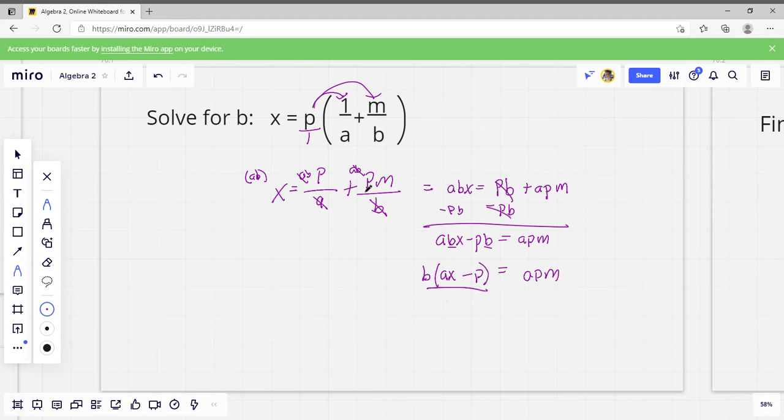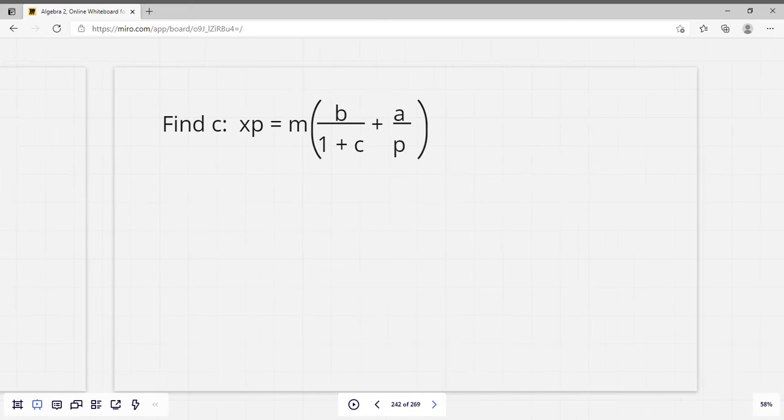And then we just divide by ax minus p. And those cancel, so b equals apm over ax minus p. Not too hard, a lot like the ones we've been doing. You just have to distribute first.